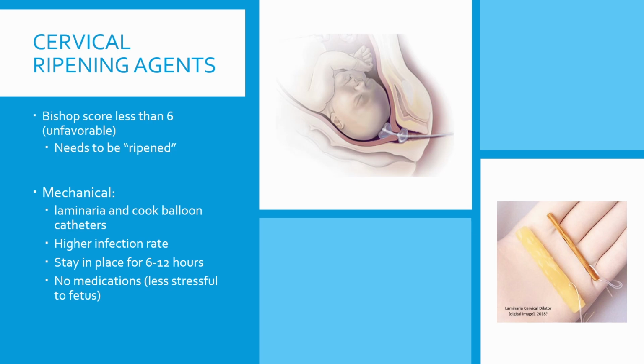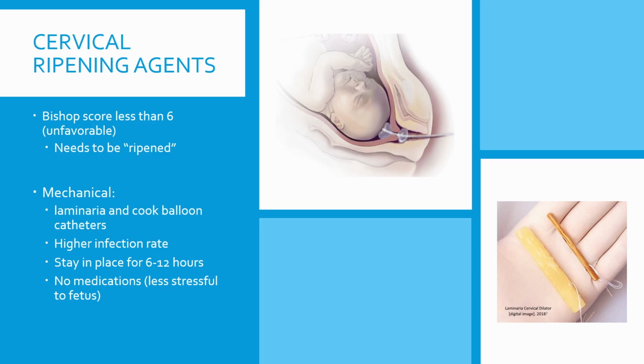The other newer thing that you'll see is called the Cook catheter balloons. That's what the other picture is. It's like a Foley catheter, but instead of only having one balloon, there are 2 balloons. One balloon goes inside next to baby, and one goes on the outside of the cervix. You fill both of them up, and that causes the cervix to get squished together, and it starts thinning it out.